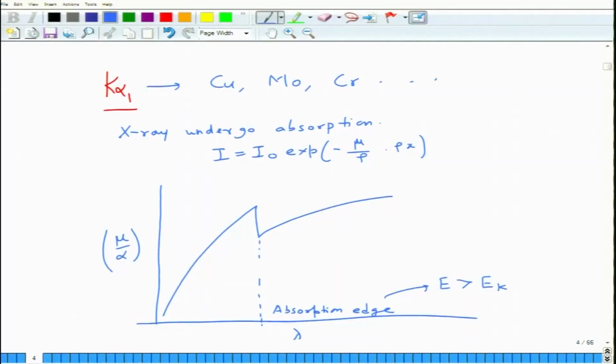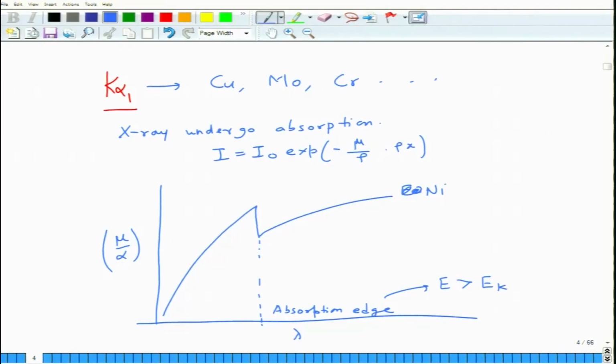So let us say this is a certain material, in this case let us say iron. If it is the case of iron and you are bombarding iron with something, or you can use this, let us say this material is nickel. It turns out you can use this absorption edge to suppress certain radiation and to allow certain radiation to go through.